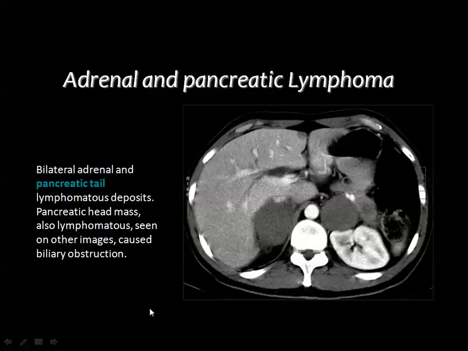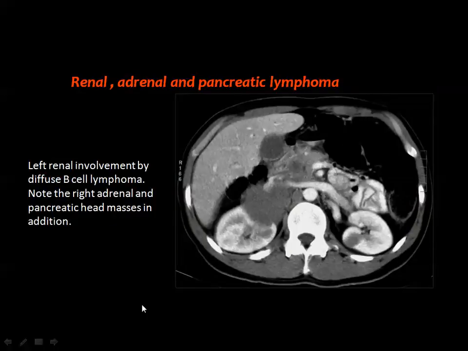And if you cannot reach the diagnosis, then you may go for biopsy. Then this is an example of a right adrenal gland mass, left renal focal lesion, and a lesion in the pancreatic head. And these are proved to be related to diffuse B-cell lymphoma.